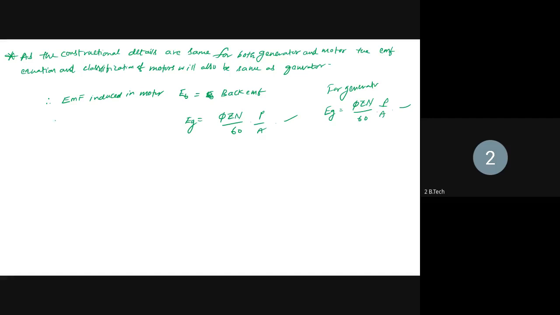So the classification will be: first one is separately excited DC motor, and the second one is self-excited DC motors.